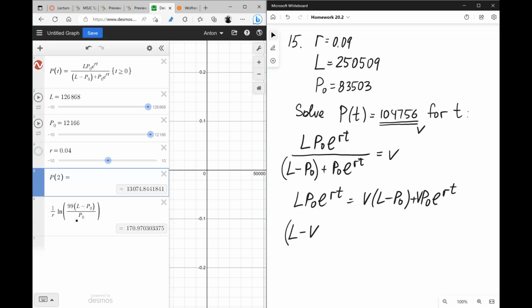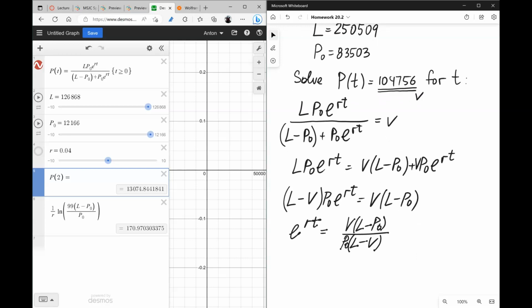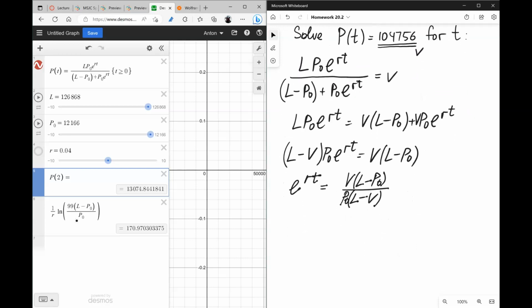So we have L minus V P0 e to the RT is equal to V L minus P0. And now we're going to isolate e to the RT. It's going to be V L minus P0 divided by L minus V P0, like this. Actually, pretty cool looking formula. And now we're going to isolate for t, so it's going to be 1 over r ln of this.